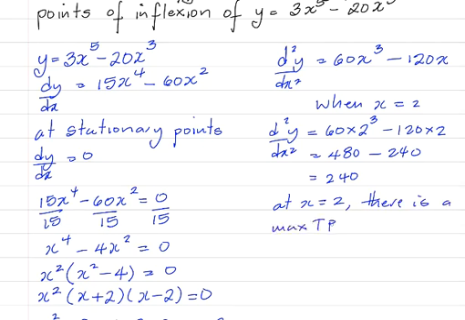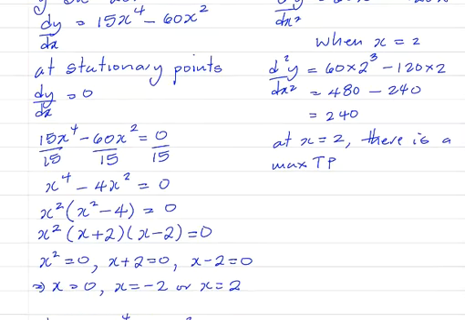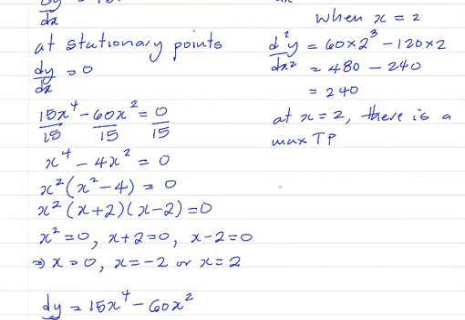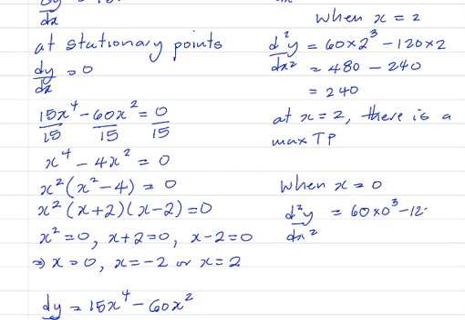All right. Now, let's see what happens when x is equal to 0. When x is equal to 0, d2y by dx squared would be equal to 60 times 0 cubed minus 120 times 0, which is 0.